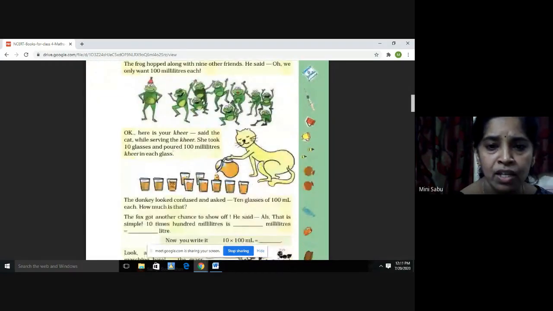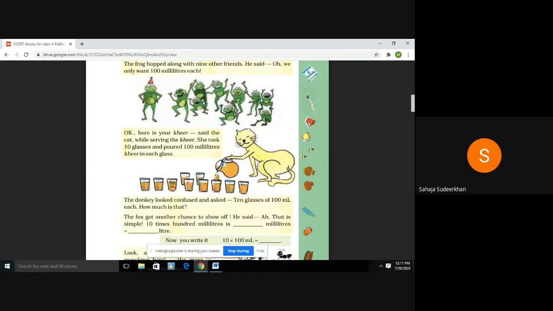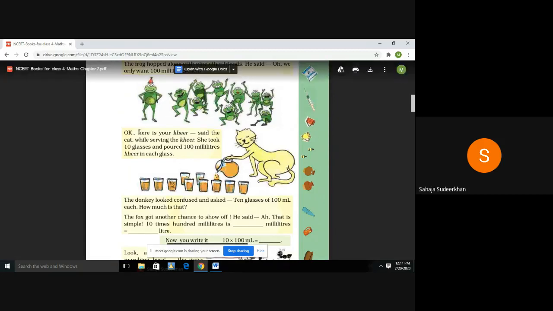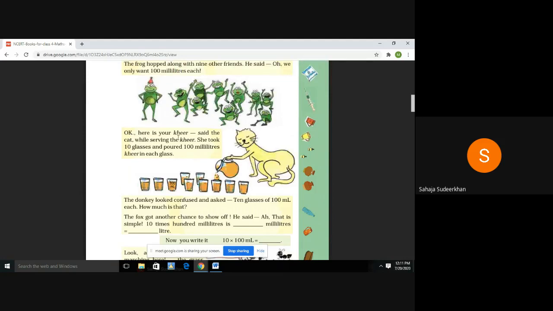And see who is here serving, the cat, Billy Mousy. She has taken the responsibility of serving. So she is serving the kheer. Okay, here is your kheer, said the cat while serving. She took 10 glasses and kept them. You can see 10 glasses are kept.